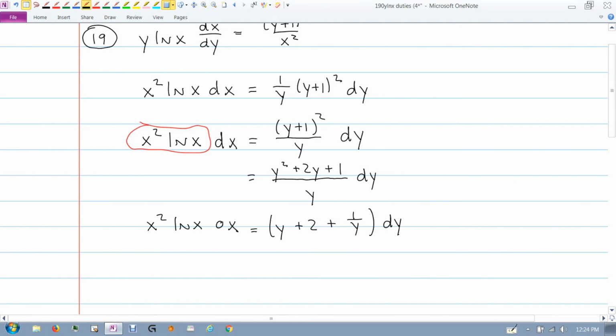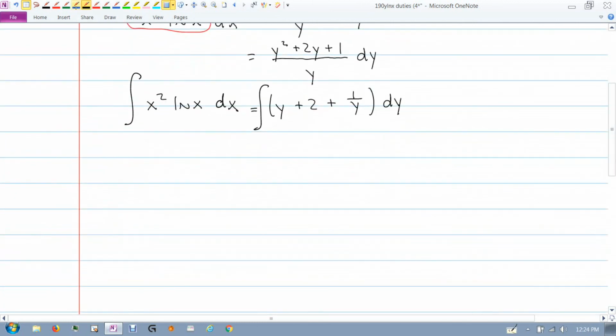Okay. All right, so we're going to integrate this, and we're going to integrate this. The right-hand side should be no problem, and I need to figure out how to integrate this. So again, I'm going to do integration by parts here. My choice of u is actually going to be the natural log function, even though the derivative of x squared is easy.